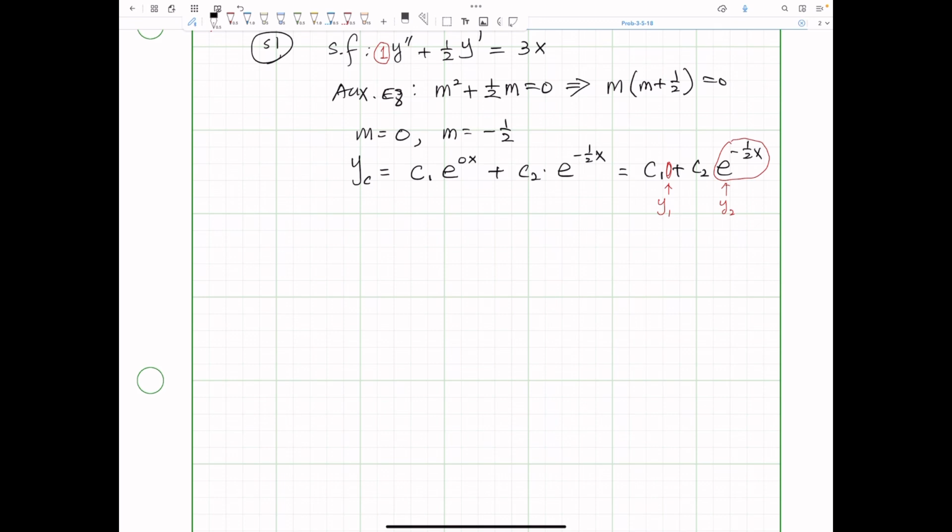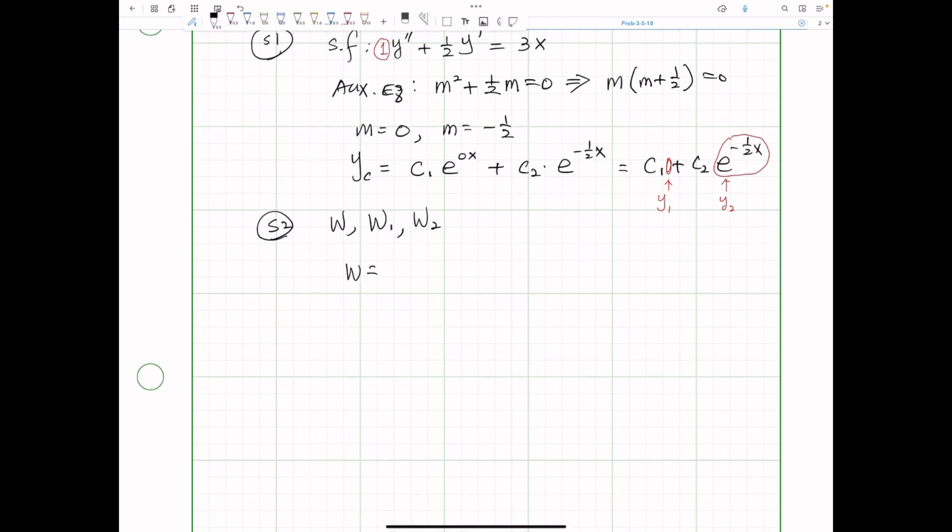So now we can move on to step number 2. We need to calculate W, W1 and W2. So for the W, we need to put y1 and y2. Okay, that is 1 and e to the negative 1 over 2x. And then the next line is going to be y1 prime, y2 prime, and then AD minus BC: negative 1 over 2 e to the negative 1 over 2x minus 0.